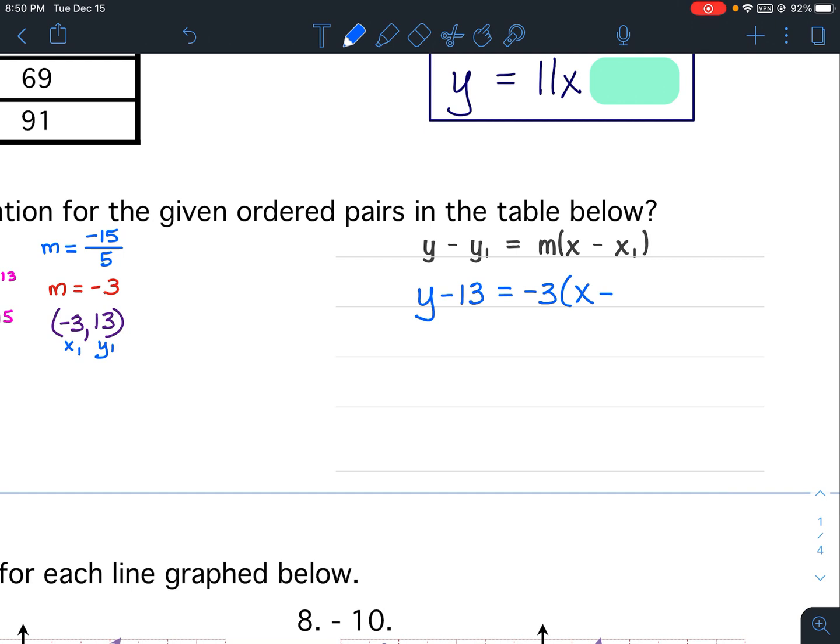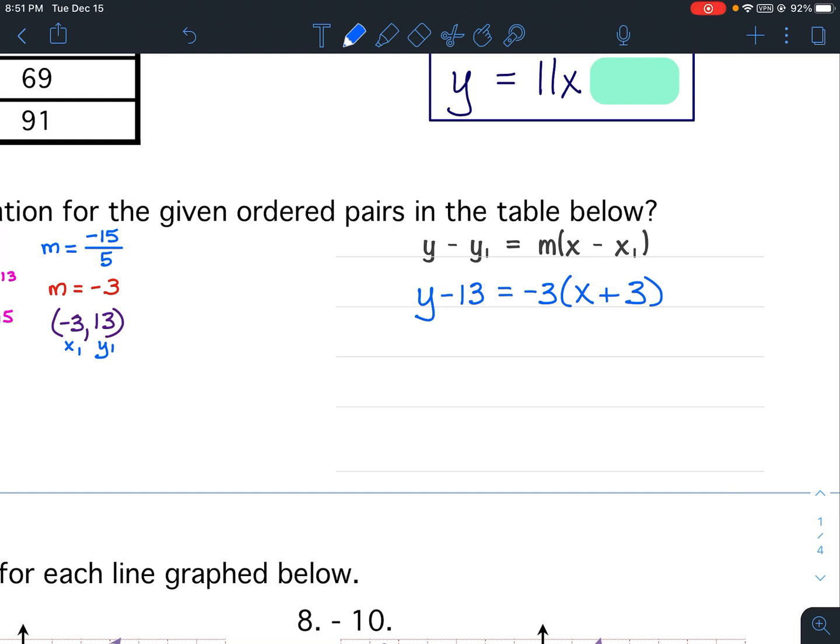You could put minus -3, like that, or you could recognize that this minus a negative becomes positive, and instead write it as x plus 3. I don't care which way you do it, as long as you have the correct answer in the end.